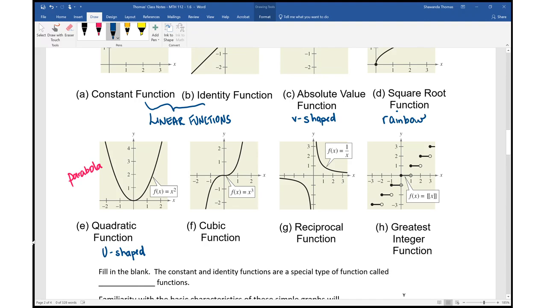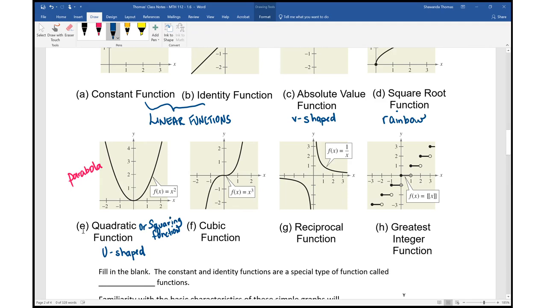It is also known as the squaring function. I do not use square function a lot. I use quadratic function mostly, but you may hear it being described as the squaring function.